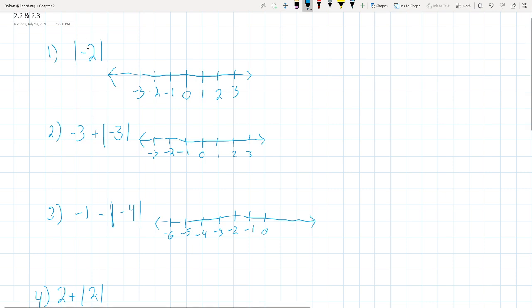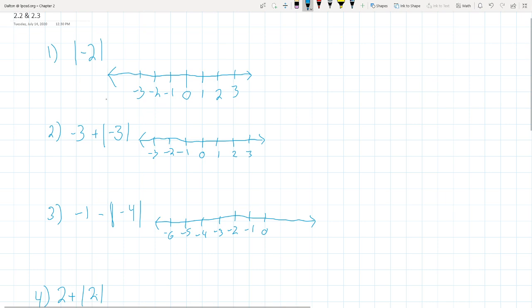The first thing that we have is the absolute value of negative 2. Absolute value simply is asking us how far away from 0 is this number. And that's the number that we put. So this will always be a positive number.